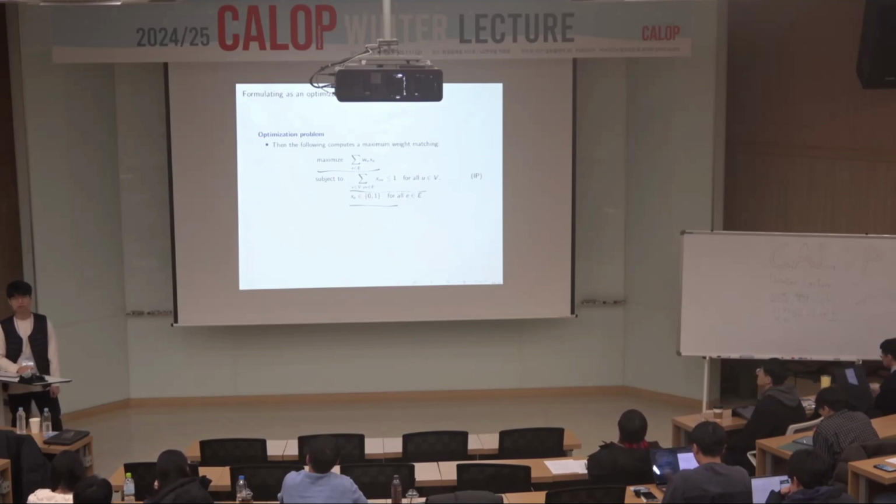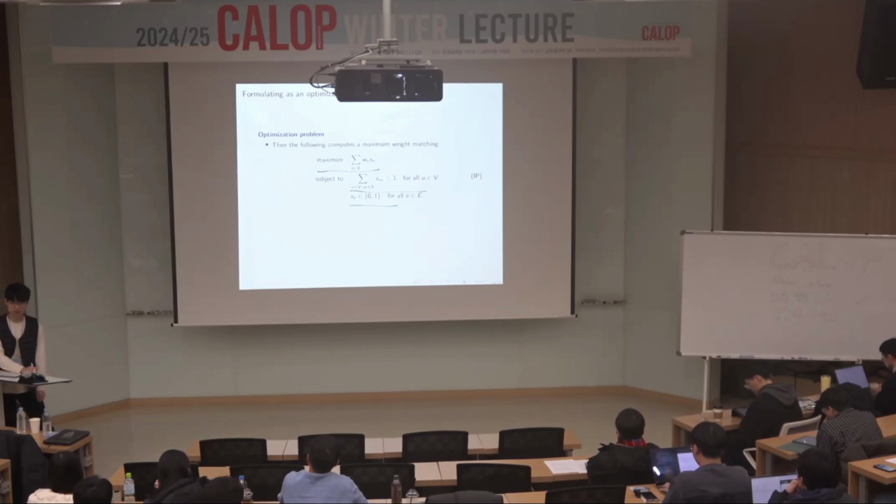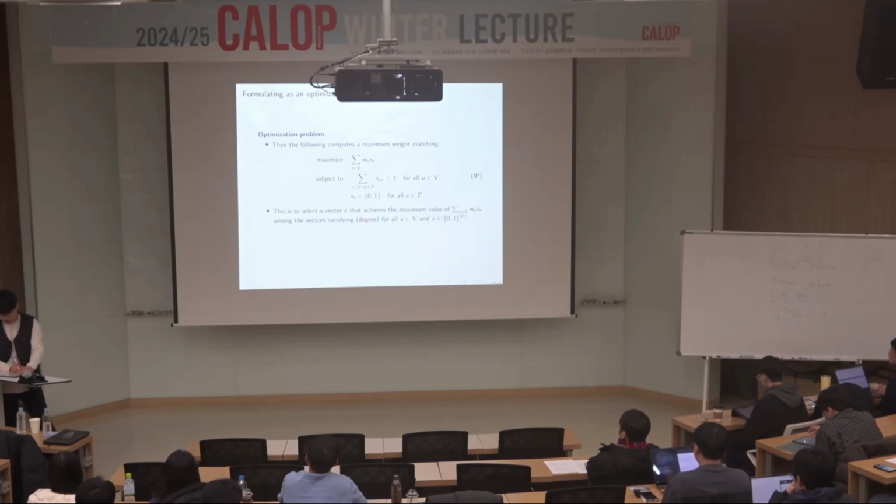Again, it has 3 components: you have the objective, constraints, and variables. The objective function and the constraints are written in terms of the variables. And the meaning is that you want to select a vector that satisfies this 0, 1 constraint and the degree constraints that maximizes the total weight sum.